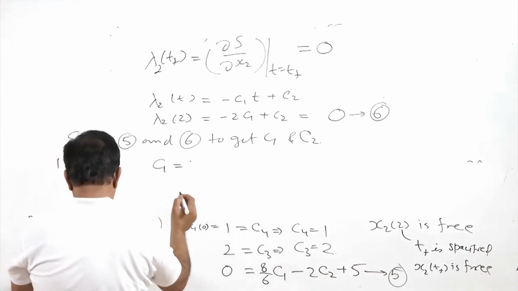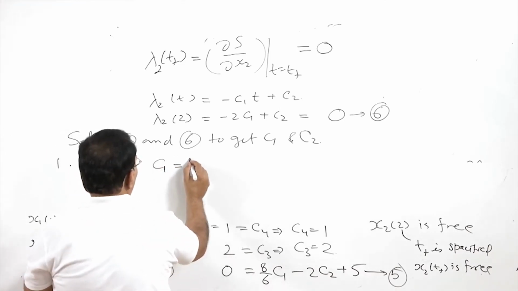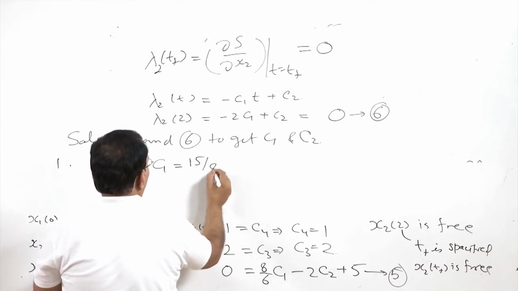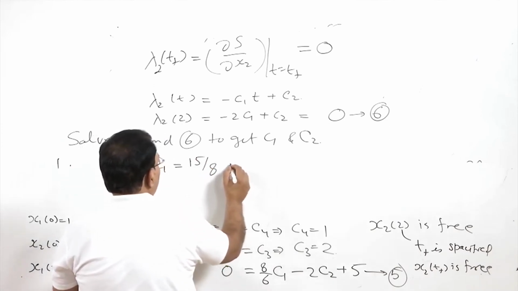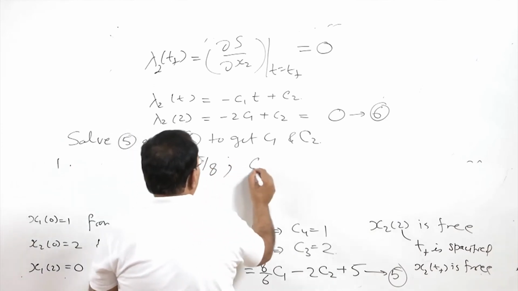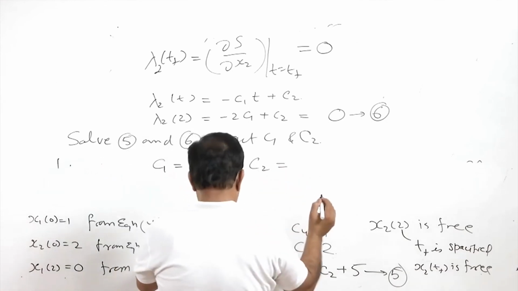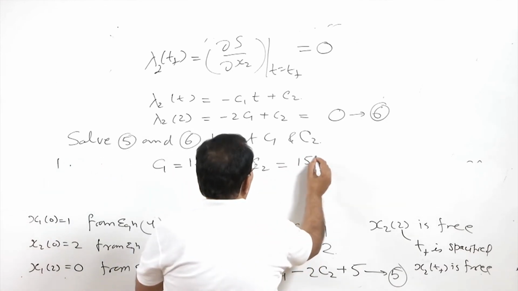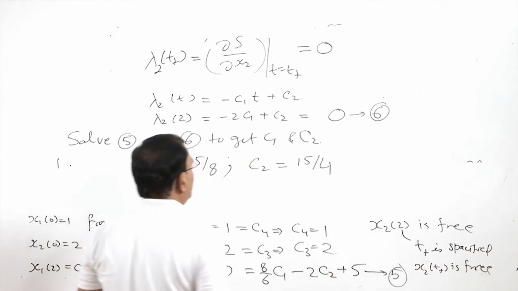So, this gives me C1 equal to 15 by 8 and C2 equal to 15 by 4.